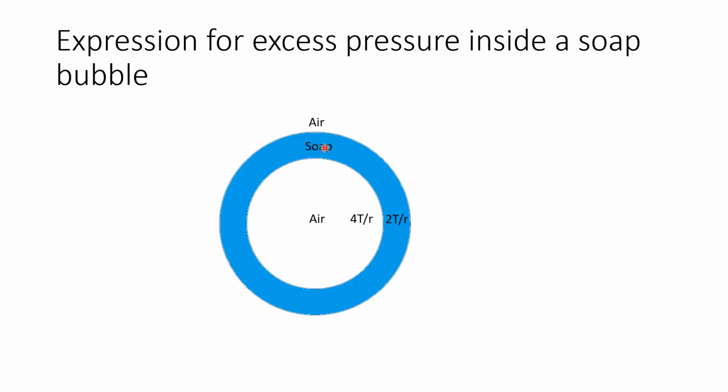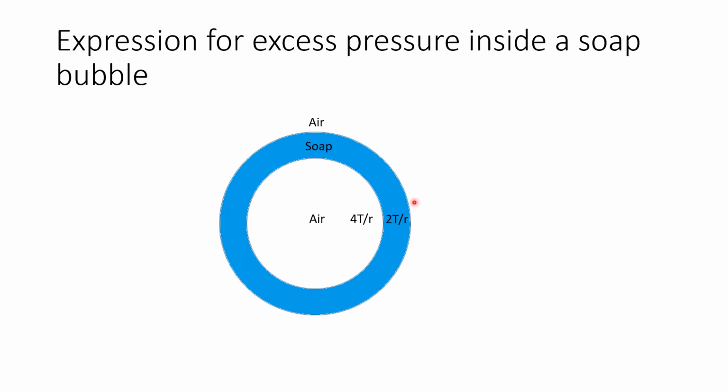Now here you can observe in the diagram the soap bubble. There is air outside, it is soap film, and inside the soap film the air is trapped. In this way the soap bubble is formed. Now, if you travel from outside to inside, that is from convex side of the curve to concave side of the curve, the pressure increases, because we know that the pressure on the convex side is smaller than the pressure on the concave side.